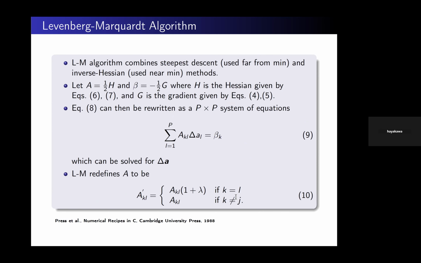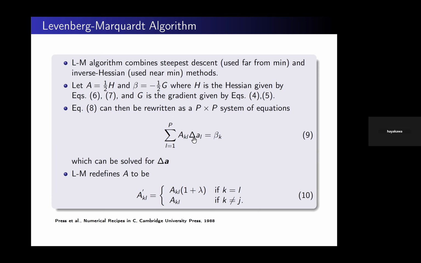Okay, so the Levenberg-Marquardt uses these concepts, but steps it up. It combines something called the steepest descent far from the minimum and inverse Hessian near the minimum. To describe how it works, I'm basically just setting A equals 1/2 the Hessian, beta equals minus 1/2 the gradient. And you can write that system of equations as kind of an AX equals B. So that's equation 9.